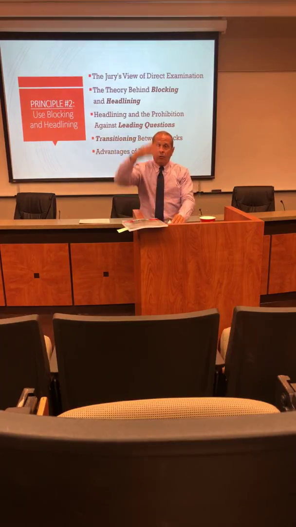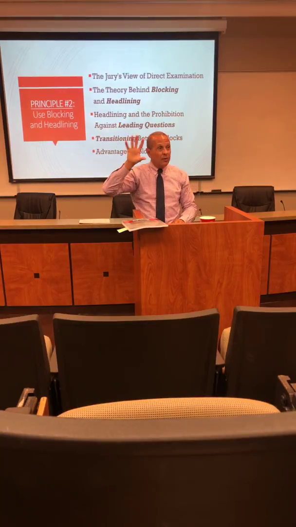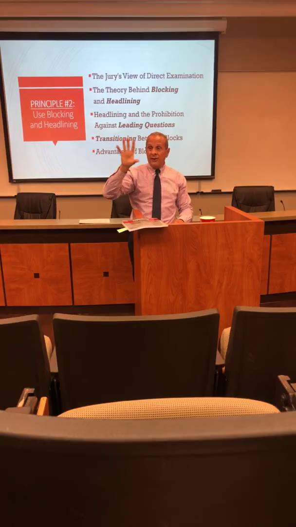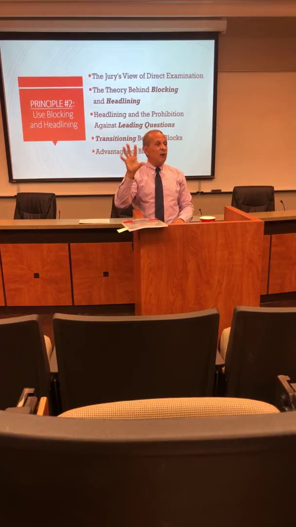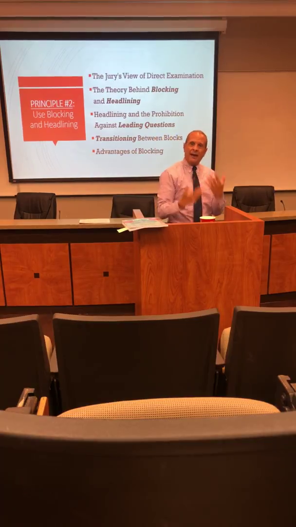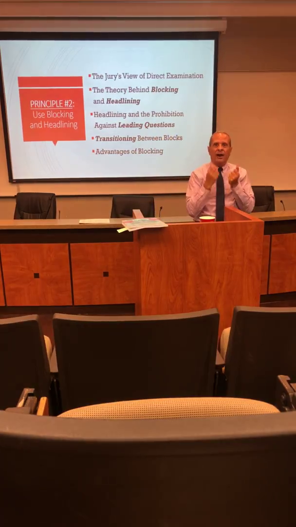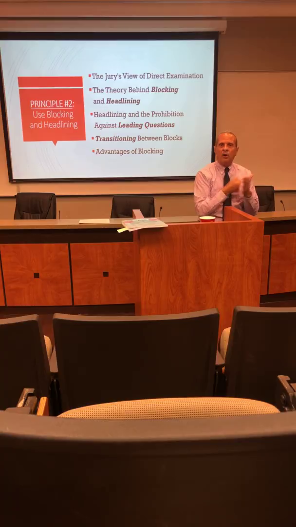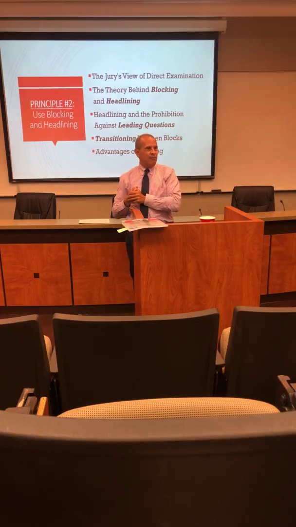You're going to have the prodding questions for each of those blocks, and it's going to structure your examination so that you know, okay, I'm done with my personalization block. I'm satisfied that this jury has a pretty good idea of who Mr. Parker is or who Jackie Fulbright is. I'm now ready to move on to the staging block.